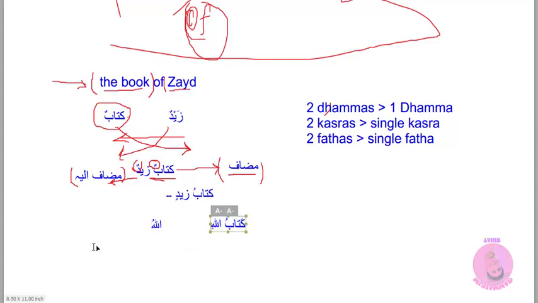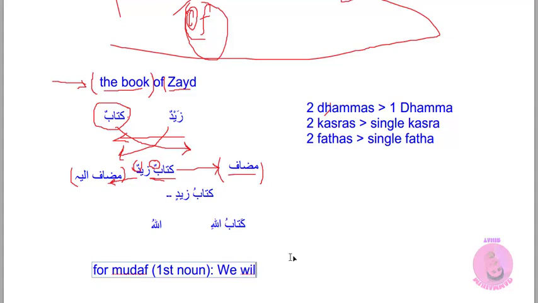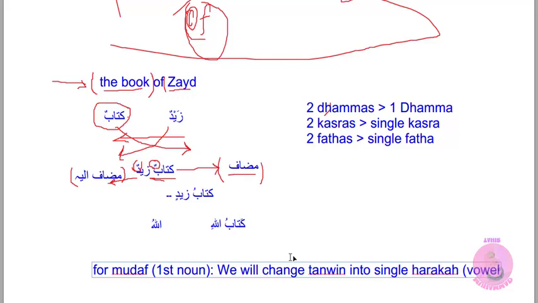So let me summarize it. For mudaf, which is the first noun, we will change tanween into a single haraka, a single vowel.